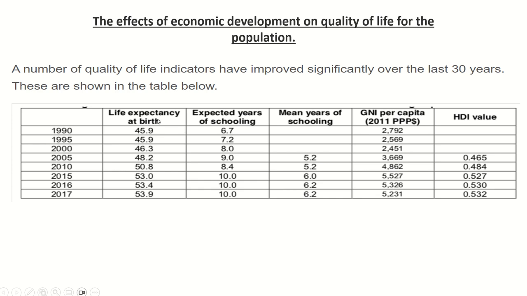Now you can clearly see that life expectancy goes up, the expected years of schooling goes up, the GNI goes up quite dramatically from 2,792 to 5,231, and the HDI, the Human Development Index, which combines your literacy rate, your GDP per capita, and your life expectancy, also increases.